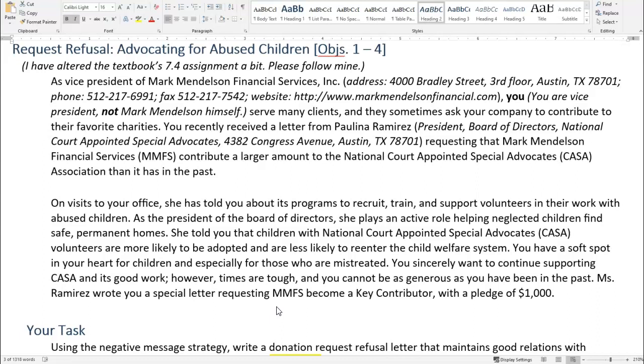So think about reasons why you could give her. There's a variety of reasons. Let's see, we're in October. Most companies' fiscal years begin in July. So her request has come late, right?